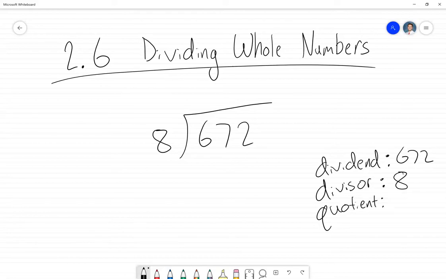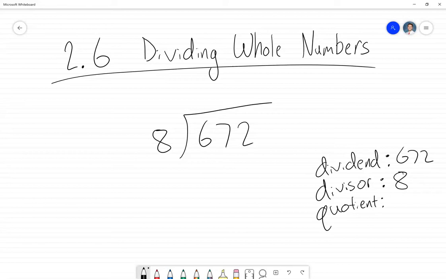So, in order to solve this problem, we can start by finding how many times 8 goes into the 6 here. We can see 8 does not go into 6, right? We cannot multiply 8 by a number and get a number that's less than 6. So we can move on and look at 67.